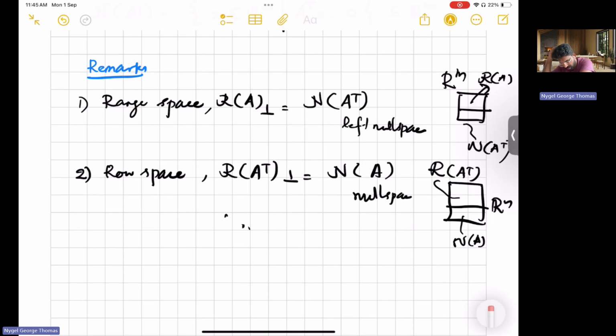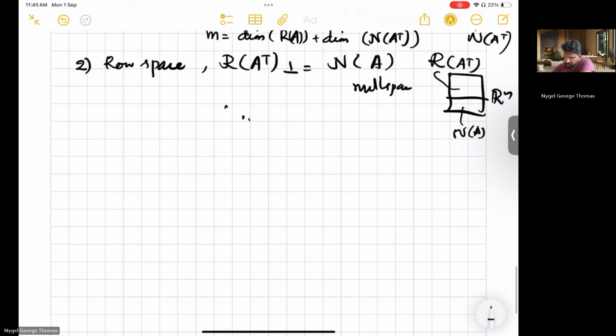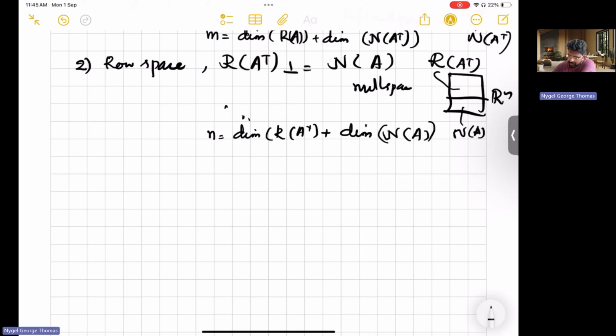Since they are orthogonal complements, the dimension of Rm is M. So M is the dimension of R(A) plus the dimension of N(A transpose). Similarly, the row space and null space partition Rn, so N is the dimension of R(A transpose) plus the dimension of N(A).